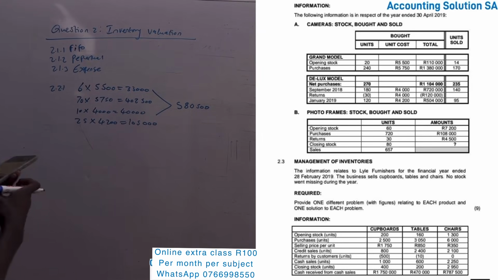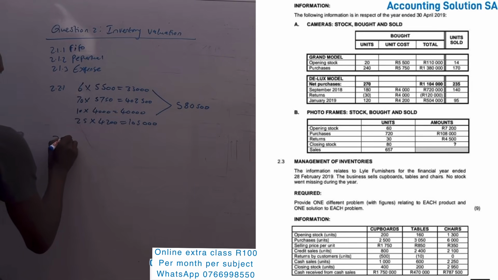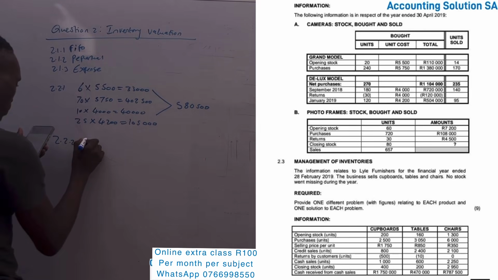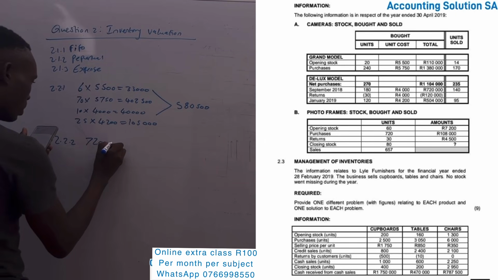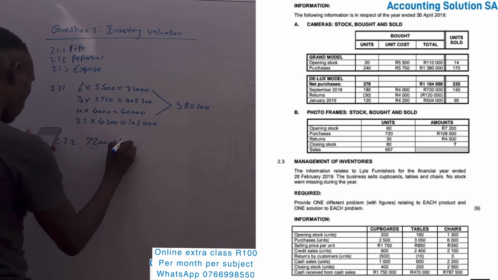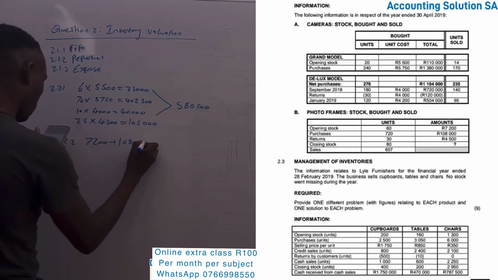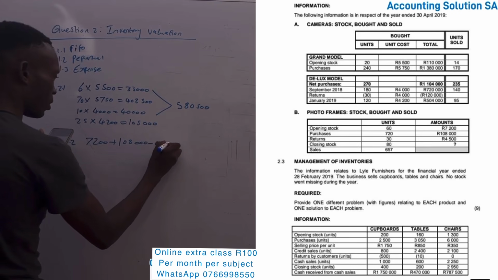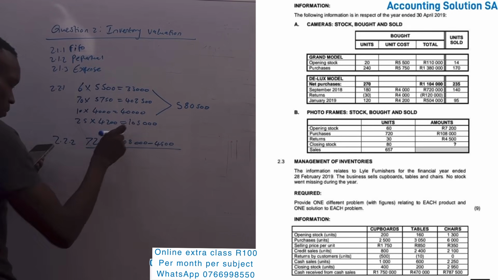Photo frame number B, 2.2.2. We take opening of 7,200 plus purchase of 108 minus a return of 4,500, and we divide by its units.